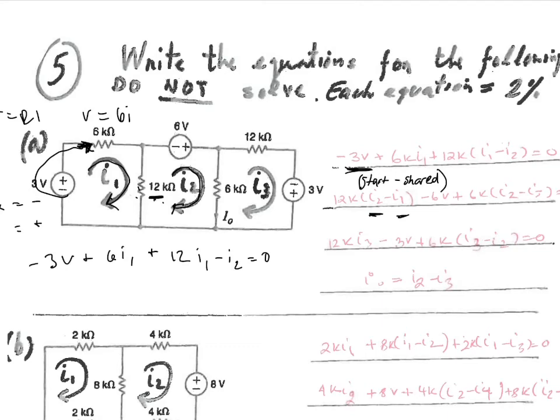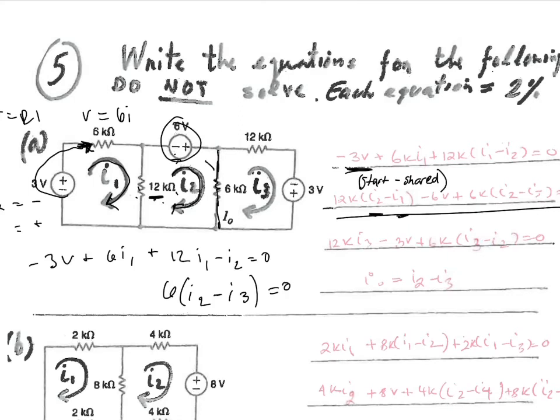And so we have this 12 I2 because that's where it's starting, and then minus where it's shared with, which is I1, and then we travel up to the 6, negative to positive, negative 6, and then down here we have another shared resistor here, so we do 6 with where it started, which is I2, minus where it's shared with, which is I3, and set that equal to 0, and that's how we got this second equation.